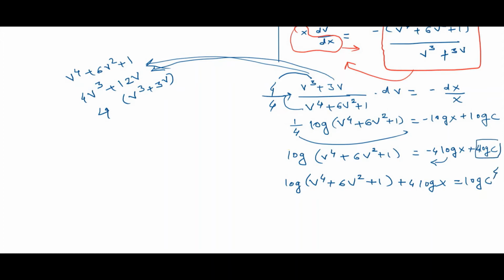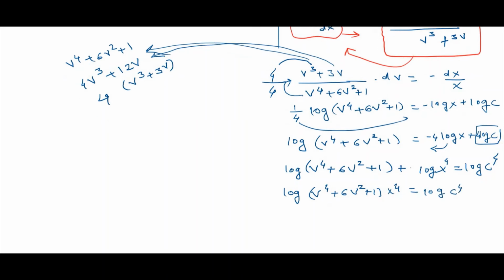We can write 4 log c as log c raised to 4, and this 4 log x we can also write as log x raised to 4. Then by using the property of logarithms, logarithm of (v raised to 4 plus 6v square plus 1) into x raised to 4 is equal to logarithm of c raised to 4.